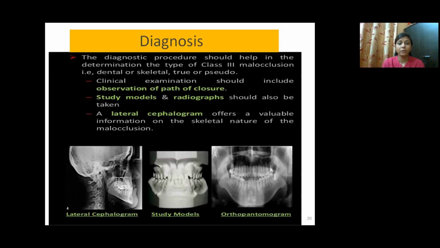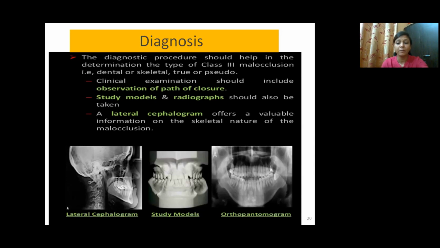Clinical examination should include observation of the path of closure. It is very essential to determine whether it's a true class 3 or a pseudo class 3 type of malocclusion, and our treatment planning will be according to the type of problem which is there.